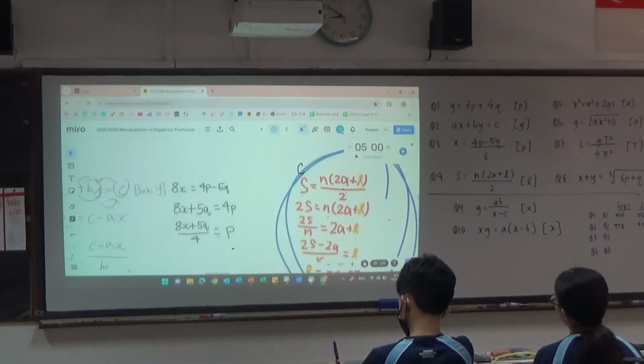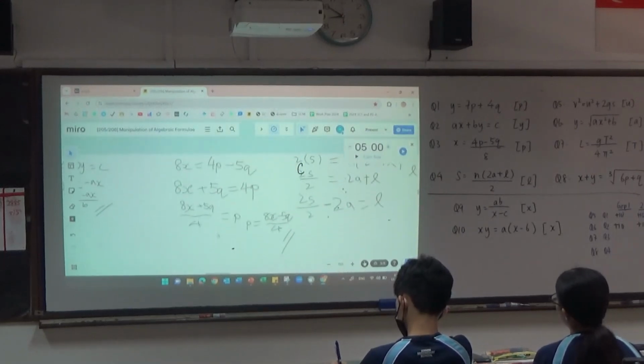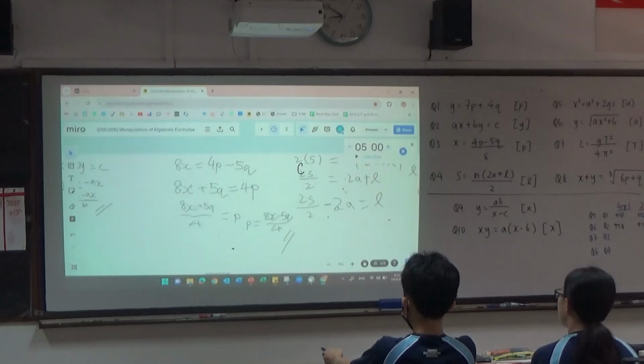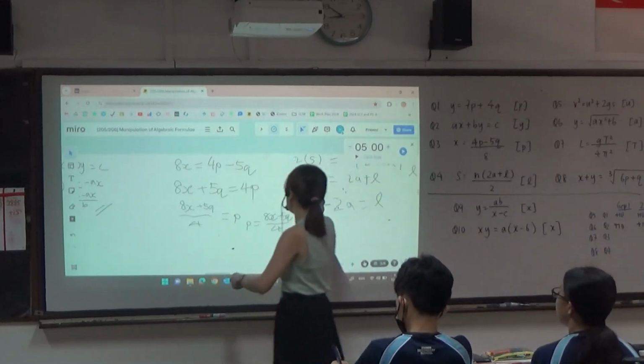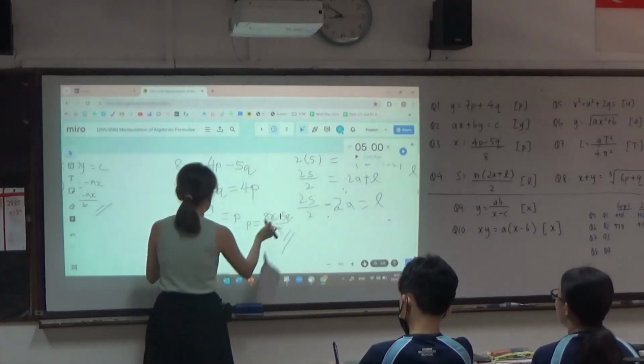Everyone got the same answer. In group 1, I think it should be a miswriting; I will take this answer, 8x plus 5q over 4. So this should be a plus.